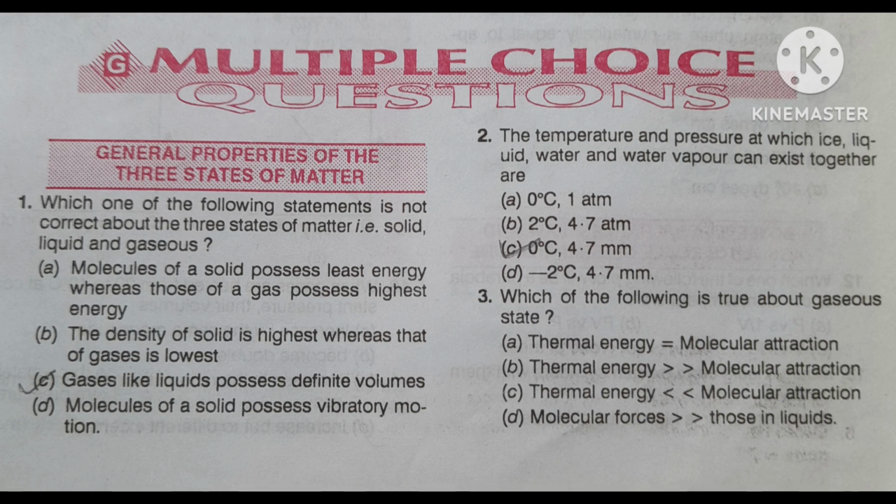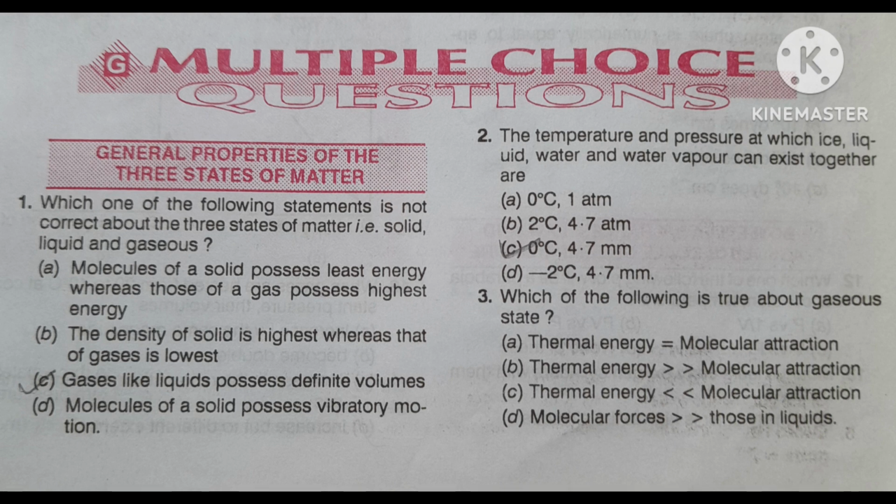In the phase rule, you will study that this is the condition. Temperature is 0 degree centigrade and pressure is 4.7 mm. If you maintain these two conditions, then ice, liquid water and water vapor can exist together.